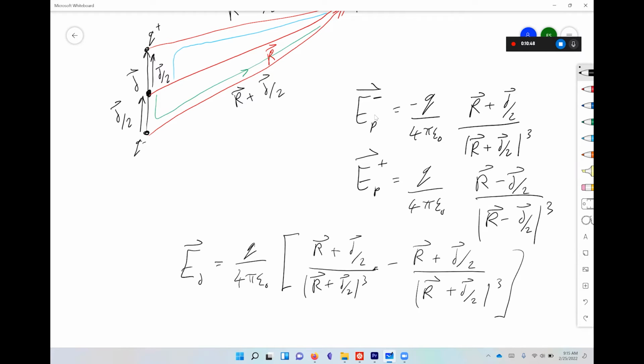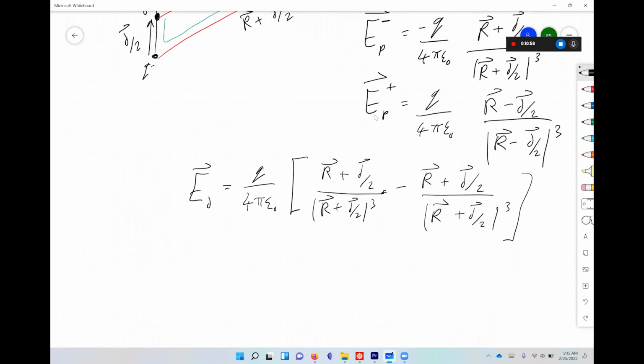So one approximation we could make is that R plus d over 2 is approximately R, but we don't want to do that. We want to do what's akin to a Taylor series expansion, right? We don't want to just assume d over 2 is 0, right?